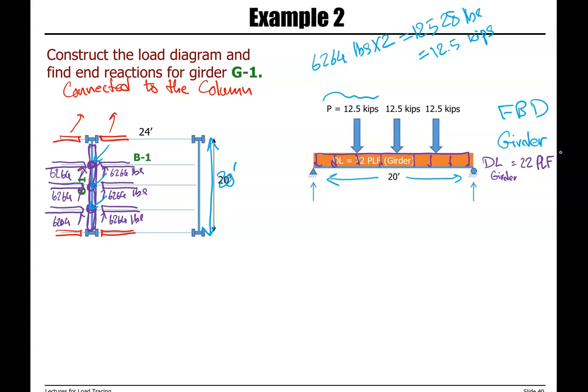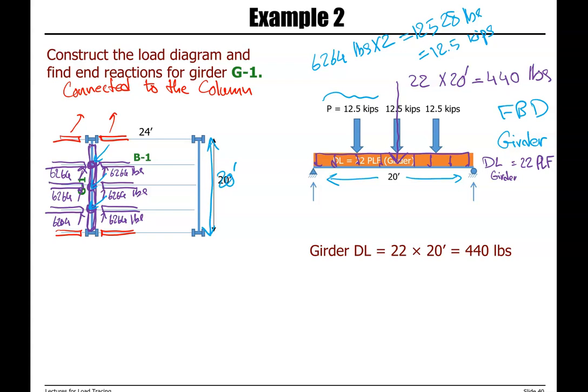And then we have two reactions. One more time, this is a symmetric system, so we can say that the reactions are equal to each other.